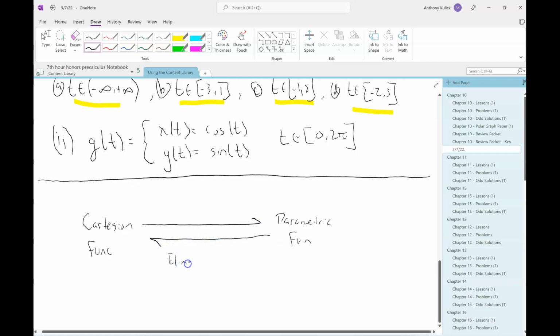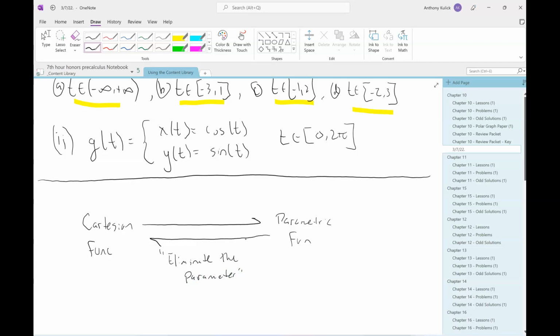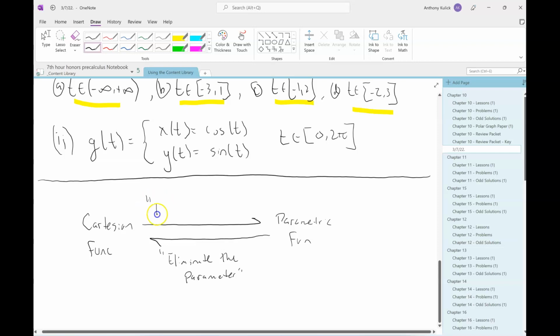To go from parametric to Cartesian, the direction we usually say is eliminate the parameter. And to go from Cartesian back to parametric, we'd say to parameterize.